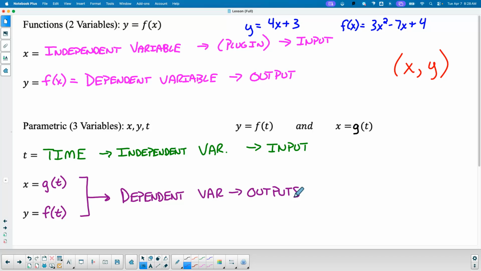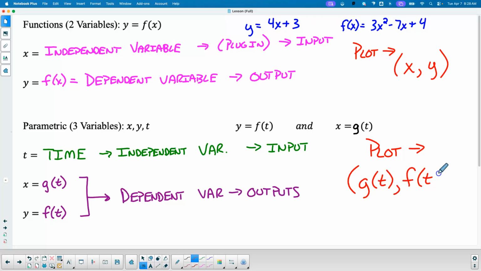So the point that you plot is actually g of t, comma, f of t. And that point is what you're going to put onto your graph.